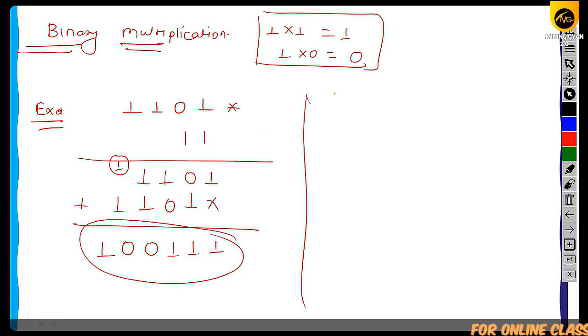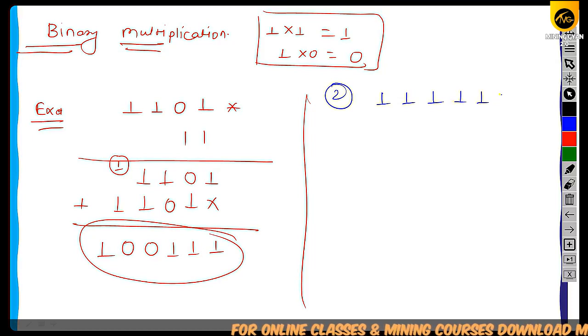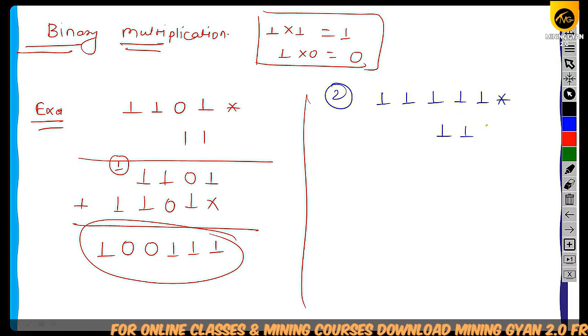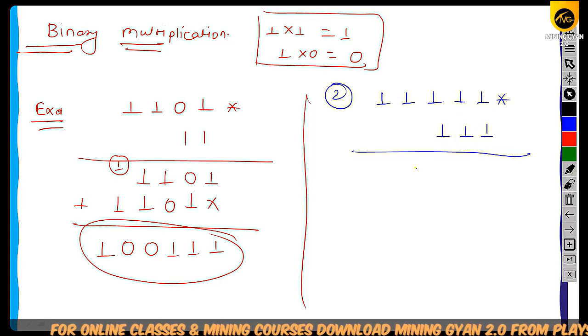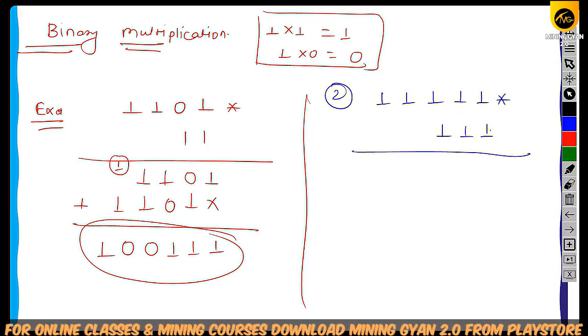Okay, suppose we have the second example, like 1 1 1 1 1. Multiply this number by 1 1 1. Okay, now just take the rightmost number and multiply it with each digit. So 1 into 1, it will become 1. 1 into 1, again 1. 1 into 1, it's a 1. 1 into 1, again 1.